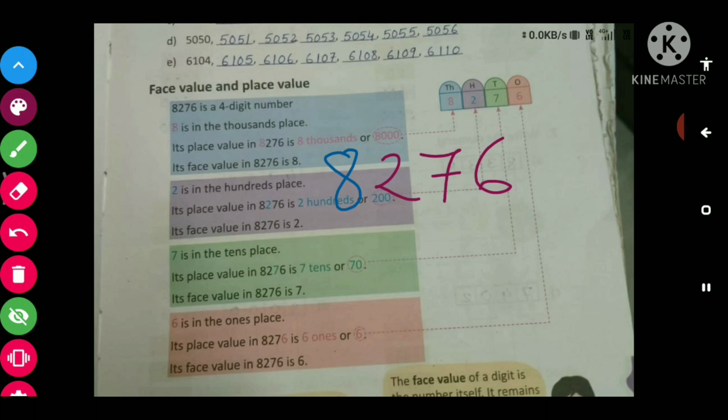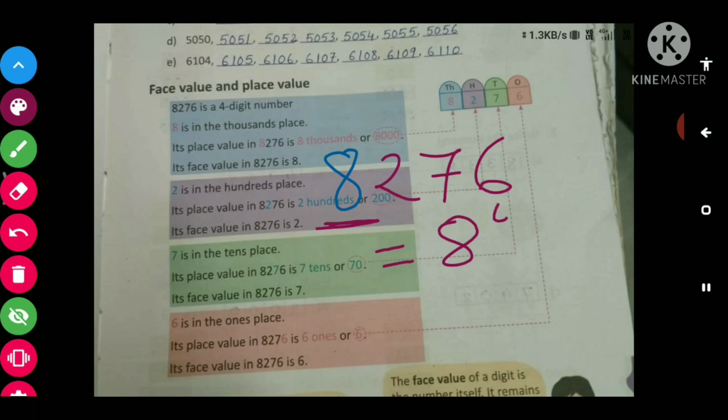Now if I ask you what is the face value, you will tell 8, because here 8 is highlighted, right? But if I ask you what is the place value, instead of writing 100, 1000, anything, we'll first see the place, then I will tell you what we have to do.